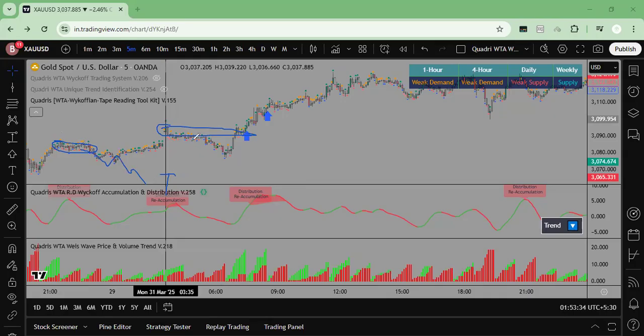So I'm expecting price to look for another reaccumulation at this particular point, and it happened. And here I was looking out for entry based on a trend up, then a first pullback to this side, then a second pullback. Just two entries which I got on the 31st of March.